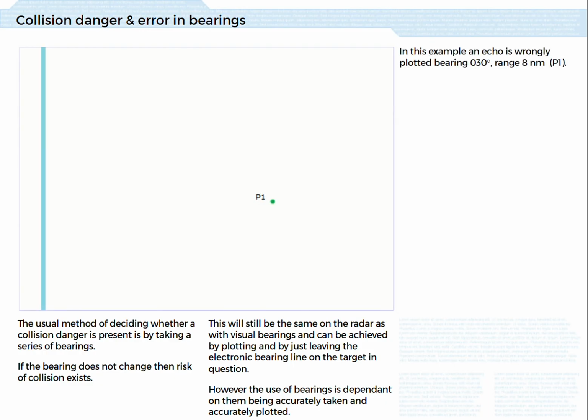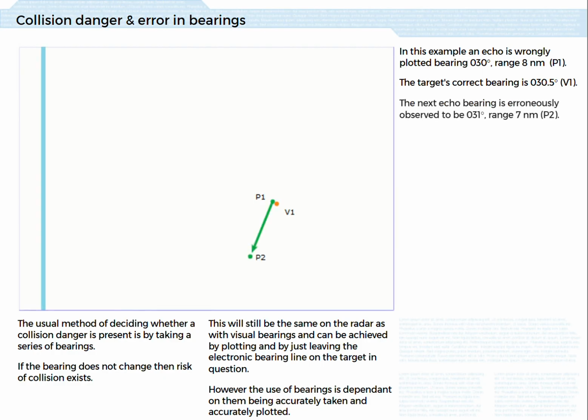In this example, an echo is wrongly plotted, bearing 030 degrees at range 8 nautical miles. The target's correct bearing is 030.5 degrees. The next echo bearing is erroneously observed to be 031 degrees at range 7 nautical miles. The correct bearing is now 030 degrees.